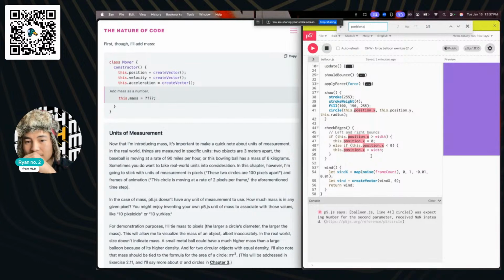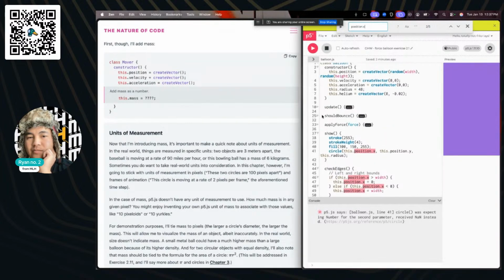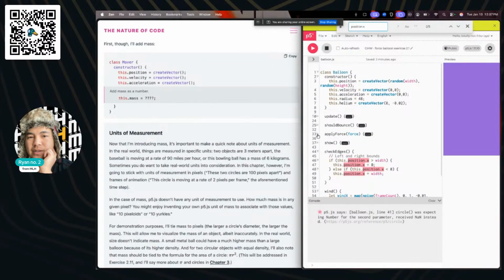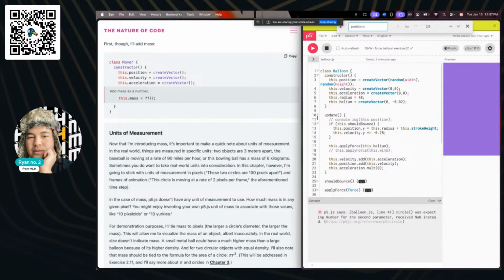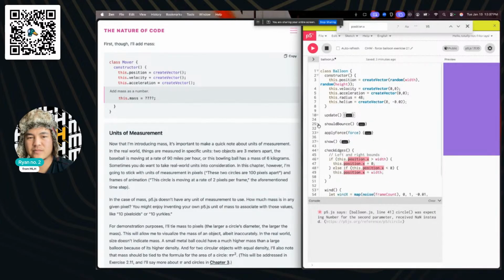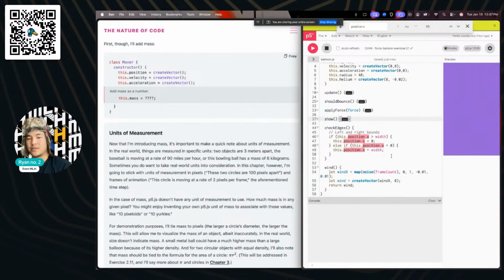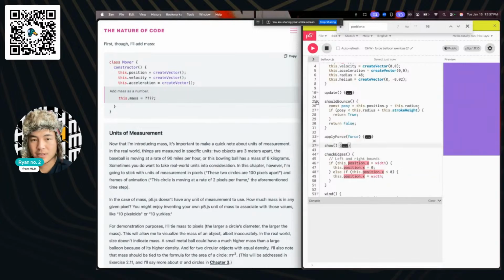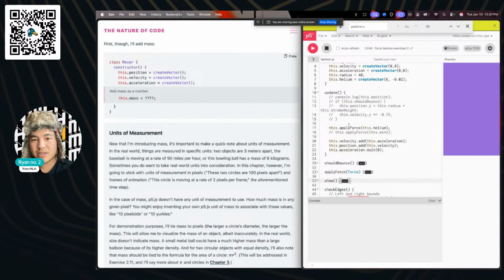Yeah, we don't really adjust that. Maybe it's our should bounce function. Let me remove this. Oh, wow. Okay, so it is indeed our should bounce function. So something we did there is what actually broke everything.